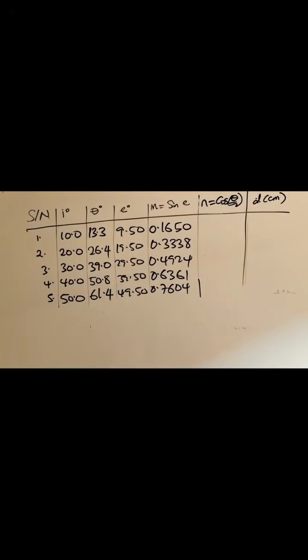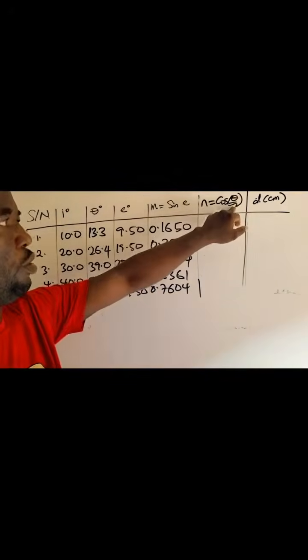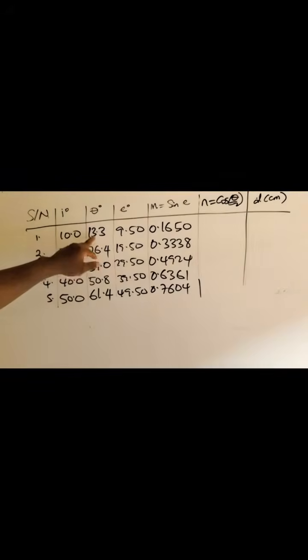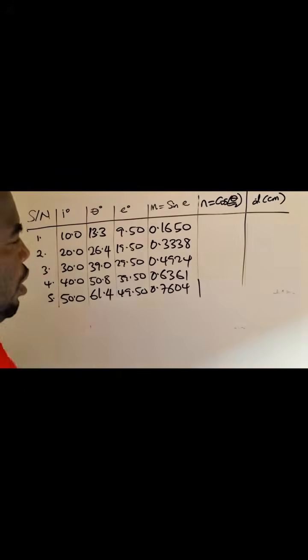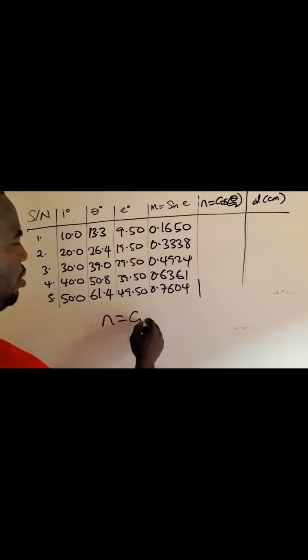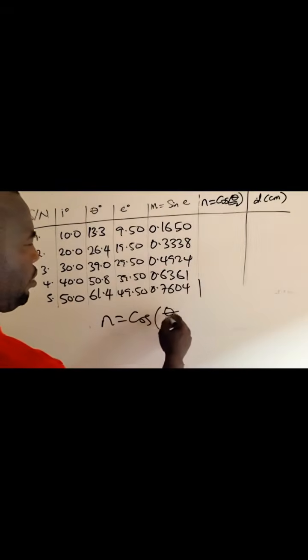We'll now go to the next column. We have to evaluate cos theta over 2. Theta is this angle. For the first example, we want to evaluate cos theta over 2. Remember that the bracket covers theta and 2.